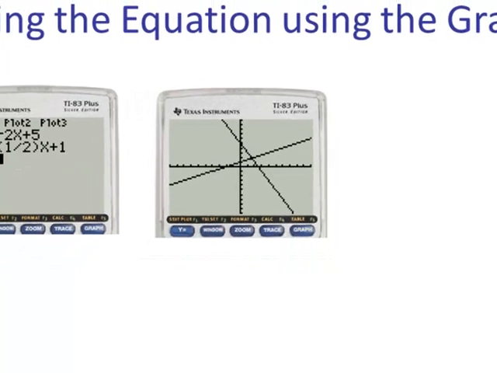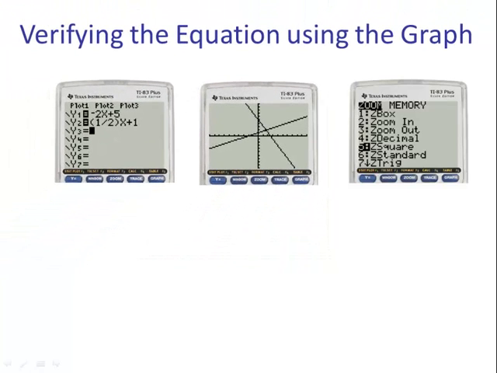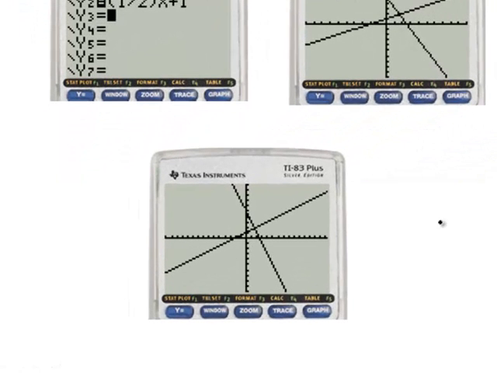But if you press the zoom button and then scroll down to number 5, zoom square, and hit enter, you now get this graph. What zoom square does is compensate for this being a rectangle. So as we can see, this is intersecting at a 90-degree angle.